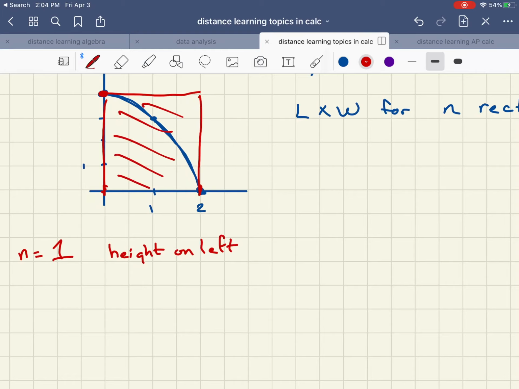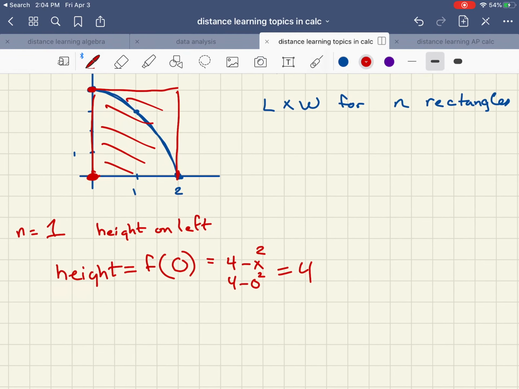Okay? And we would get height equals, well, that would be the left-hand point is 0, right? That's the x value. And we're going to plug it into my function, which is 4 minus x squared. So 4 minus 0 squared. The height is 4. Now, how wide is that? The width is how wide is my interval.